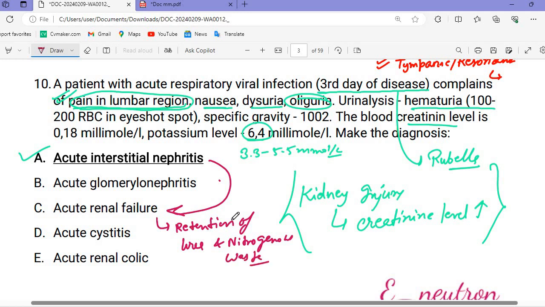And they will also give you some history, like the patient is undergoing dialysis. The patient started with acute interstitial nephritis, and now is going through hemodialysis. Some kind of history they will give you about renal failure, and then the diagnosis becomes acute renal failure. Okay.